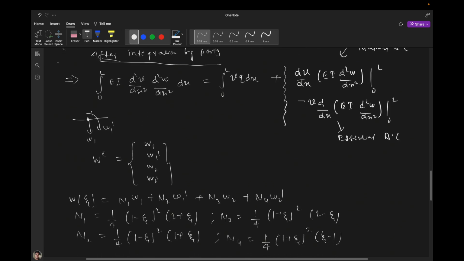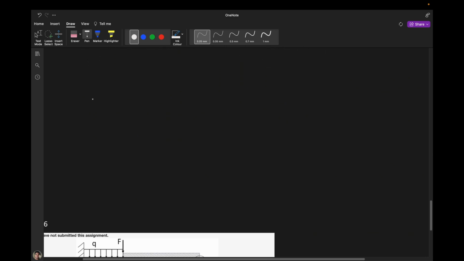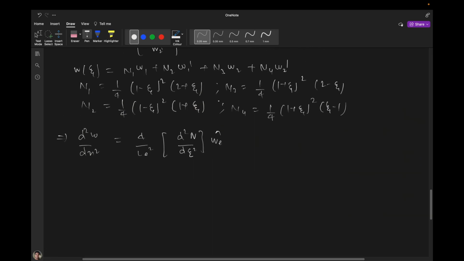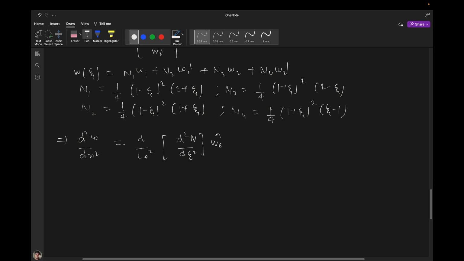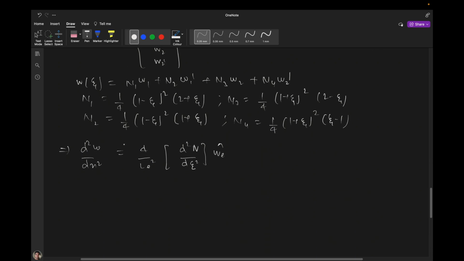We already saw that d2w by dx square we can write as 4 by Le square times d2N by d zeta square times the w e vector. We also discussed what kind of w we will use.